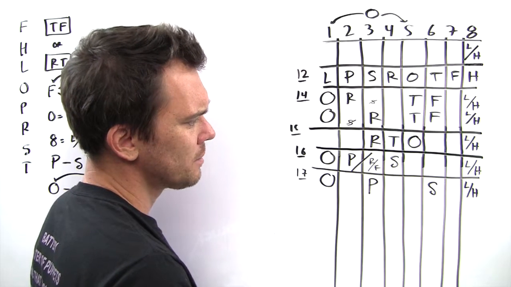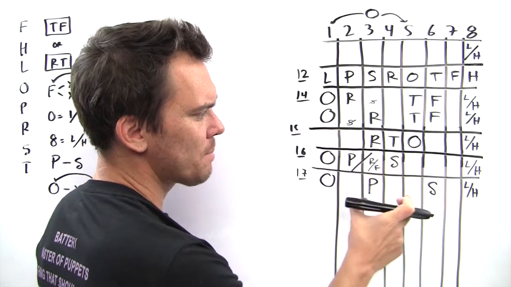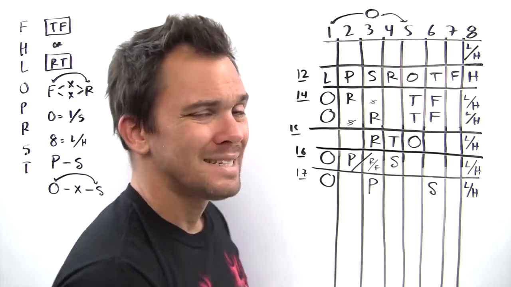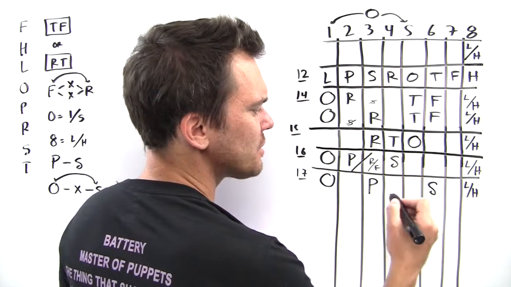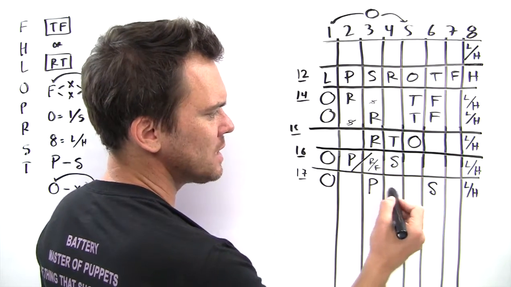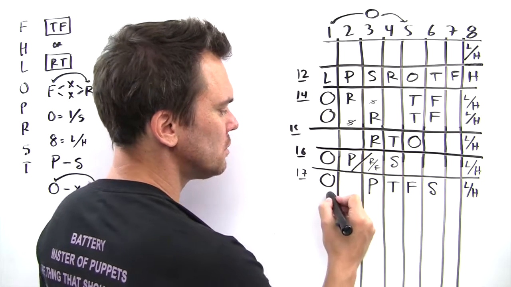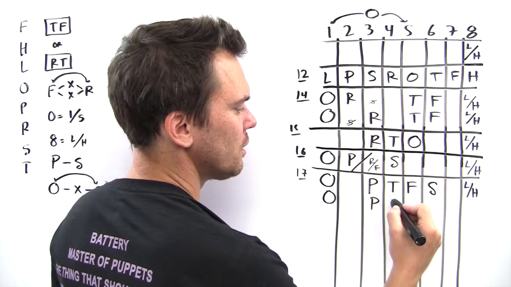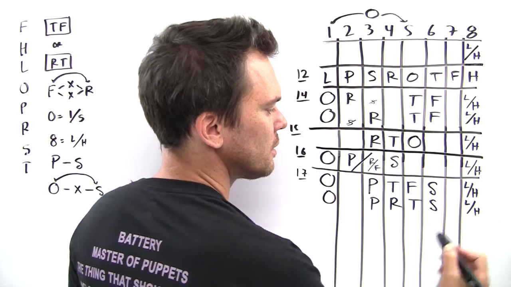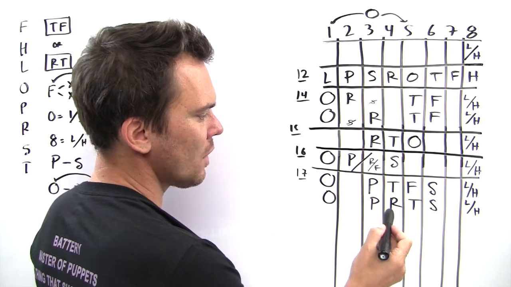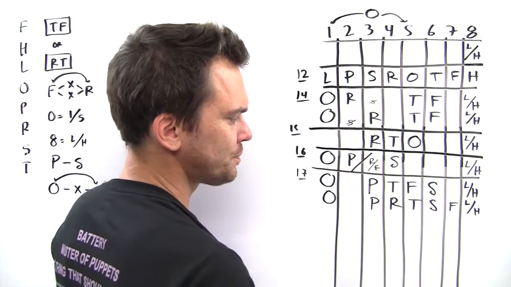Now we've got R and F, but a couple of ways we can separate them. The T rule, right? T has to be next to something. So T is in one of these spaces, either immediately before F, or immediately after R. Now, if this is R, F has to be separated by at least 2, so F would have to be here.